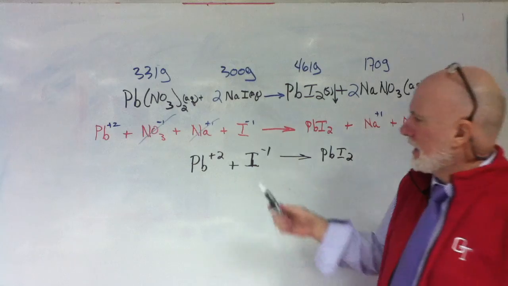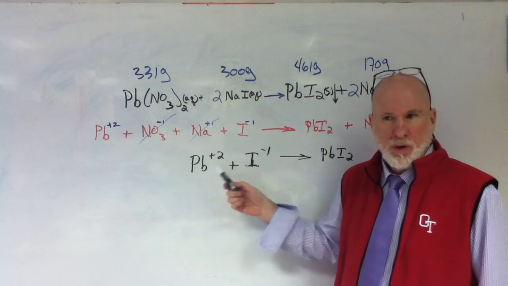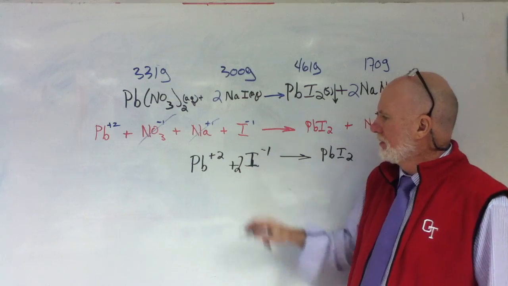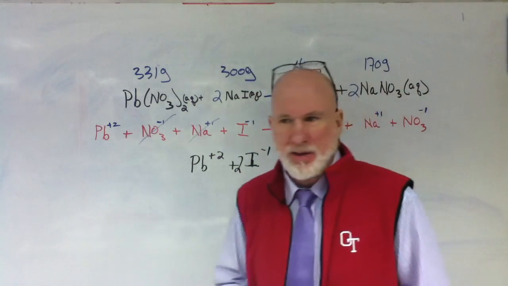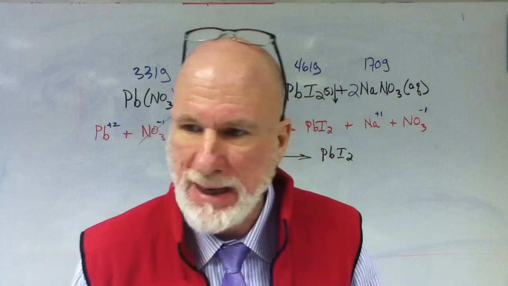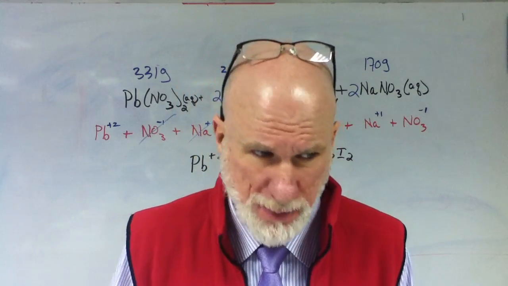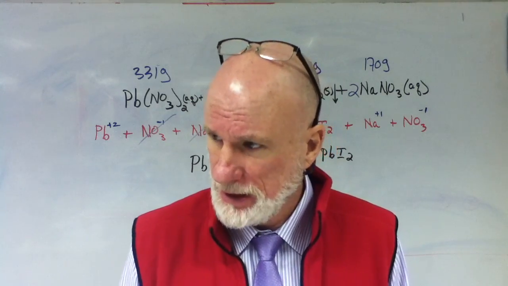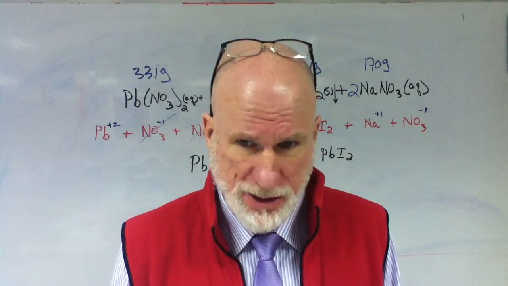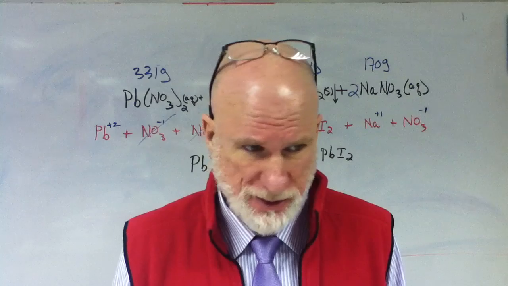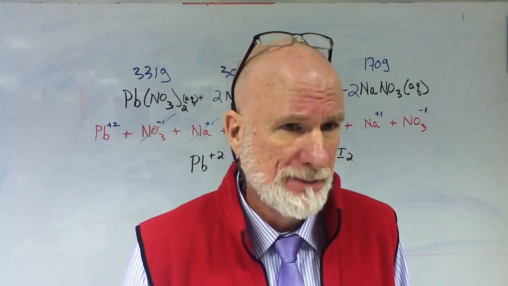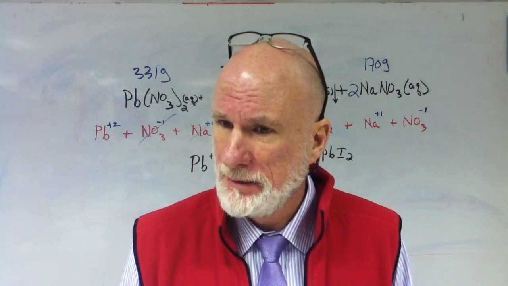So you're going to take, what is it, and you're going to balance this obviously. What is it that you're going to keep in the chemical reaction? You're going to keep only those chemicals that are part of the chemical reaction. And again, the driving force in this chemical reaction is the formation of the lead iodide precipitate.